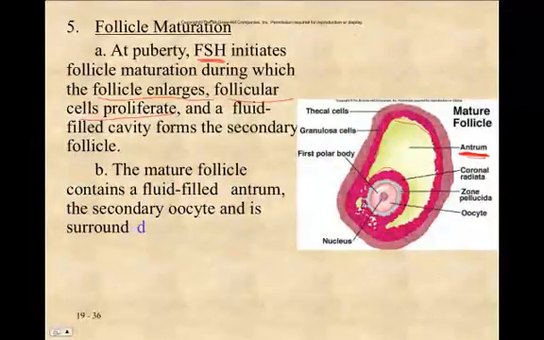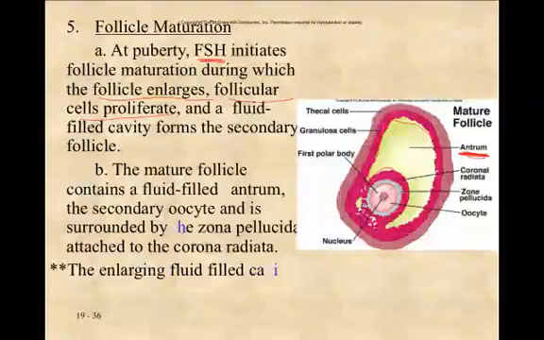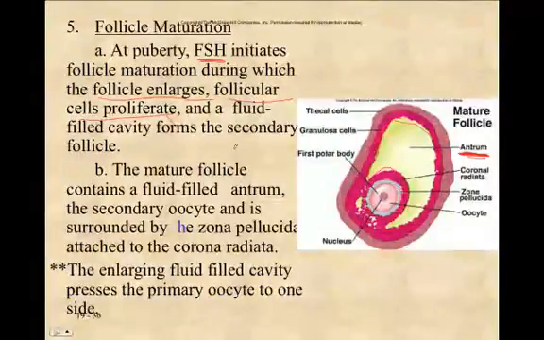So in a secondary follicle, we start to produce that fluid-filled cavity. Now, in a mature follicle, we've got this really large fluid-filled cavity that we call the antrum.